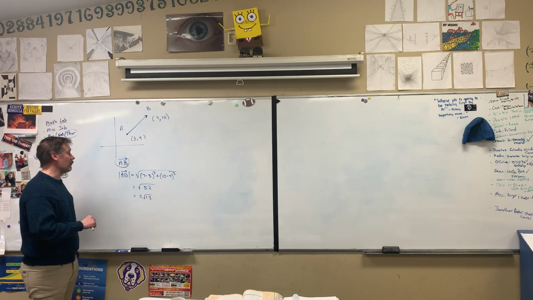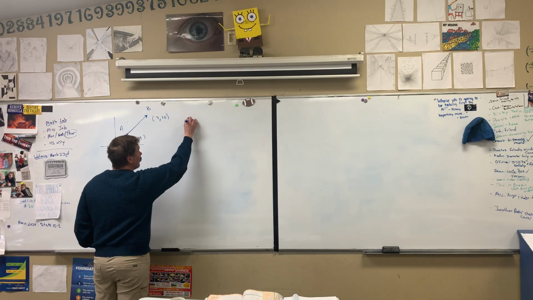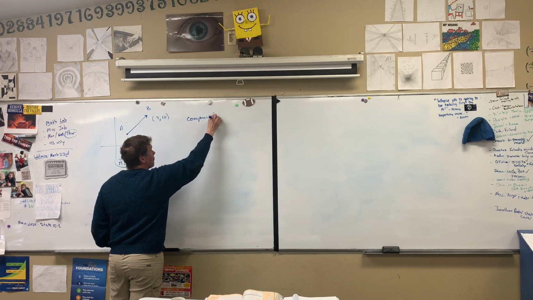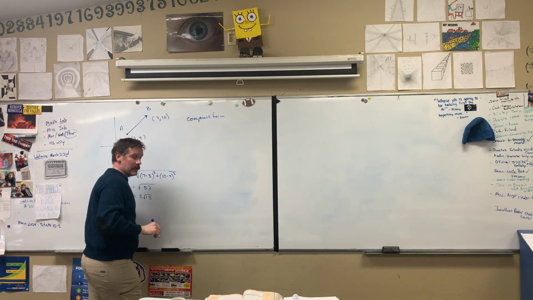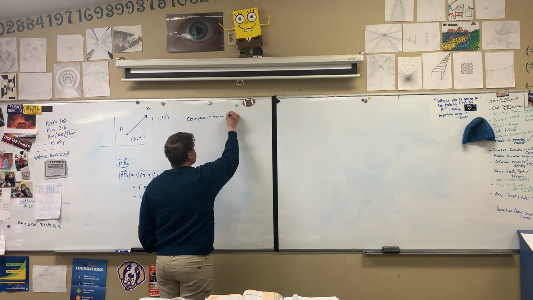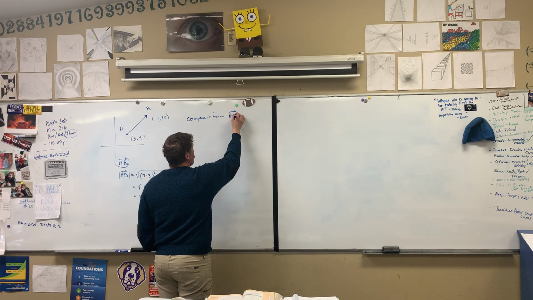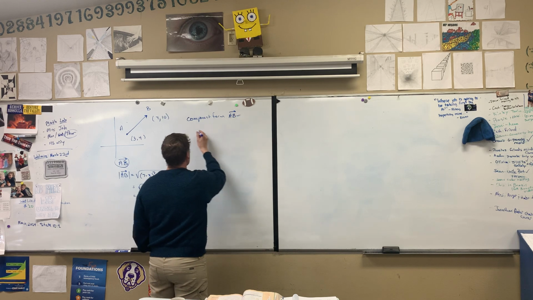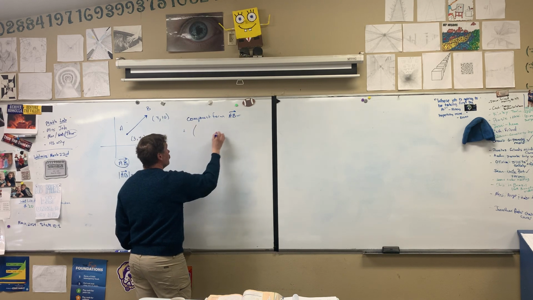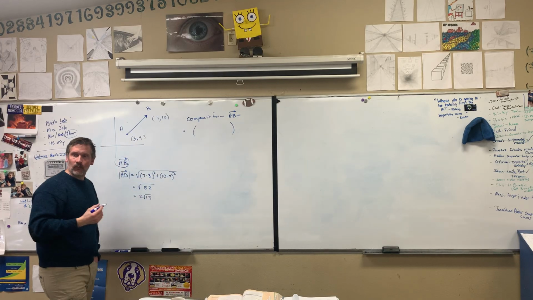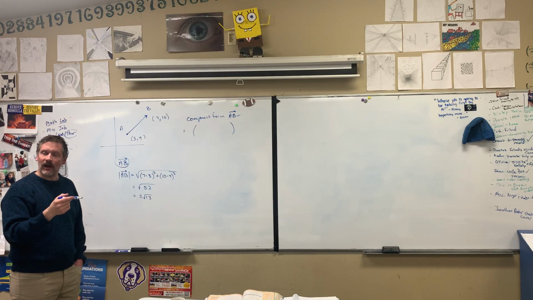Then we have what we would call the component form. The component form of AB is essentially like your slope. It's going to be what distance of x do I travel, what distance of y do I travel.